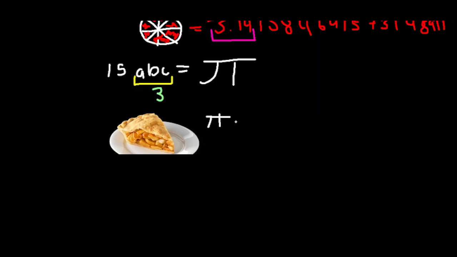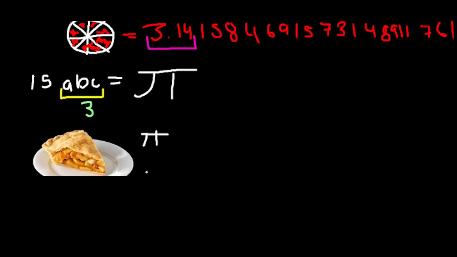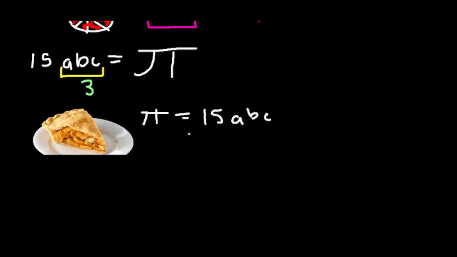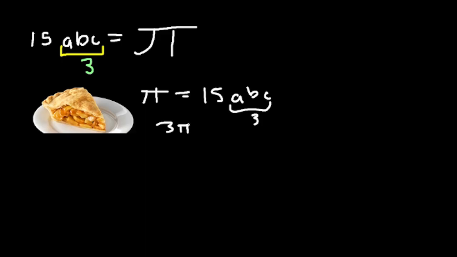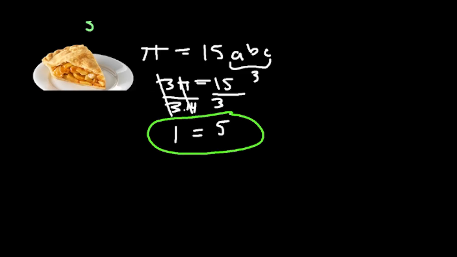Yeah, so, hold on, I gotta look back. So I do have it labeled right here, so yeah, I think what it was is pi is equal to 15 ABC, and no, because the ABC is 3 actually, so 3 of pi is equal to 15, because pi is equal to 3.14, yes, and then you divide by 3.14, canceling out the pi and the 3. You divide this by 3, so you're left with 1 is equal to 5. 1 is equal to 5, and that is how you solve a triangle.